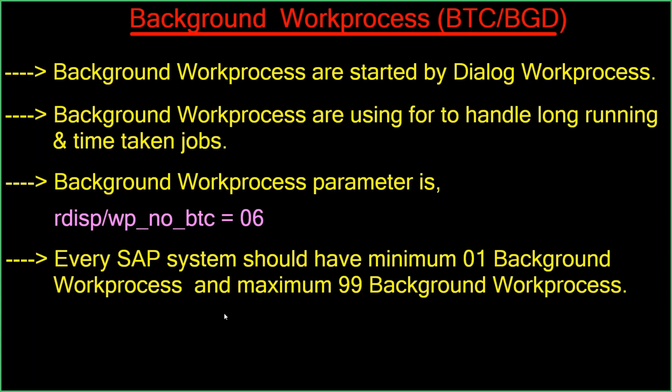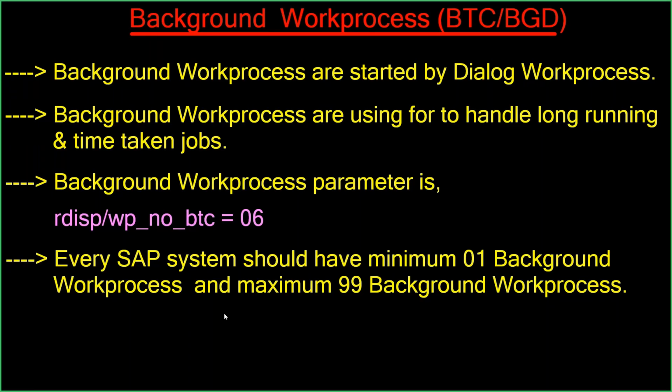So background work process are started by dialog work process. Why? Because just now we discussed, for background work process, update work process, spool work process, dialog work process act as an engine. అదొక రిసెప్షనిస్ట్ లా వర్క్ చేస్తుందని చెప్పుకున్నాం. సో background work process are started by dialog work process only.